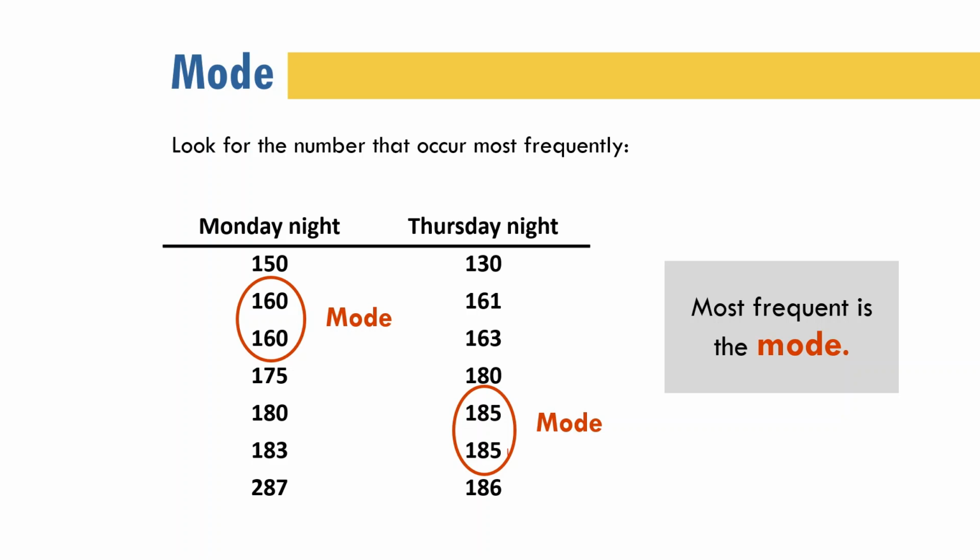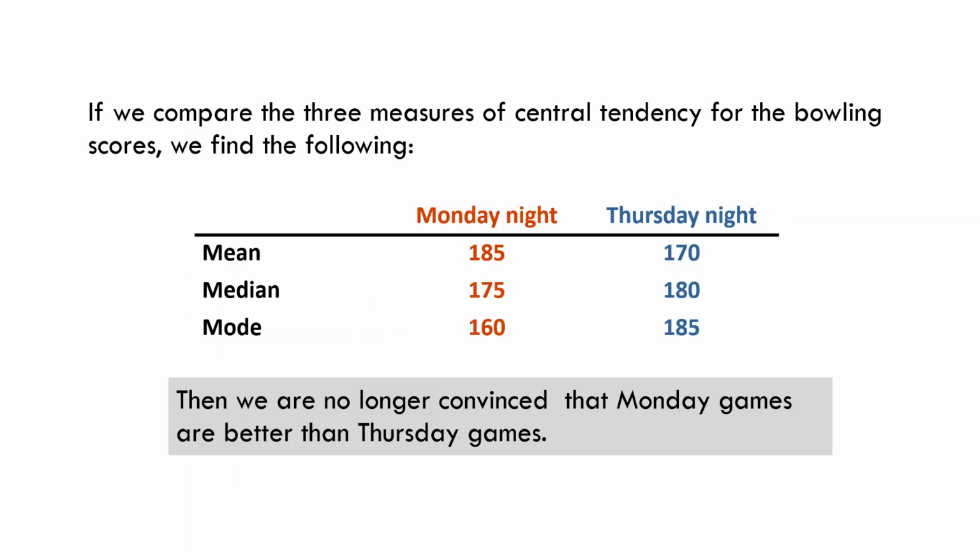Alright, so now after we know about mean, median, and mode, let's compare the three measurements of central tendency of this bowling score. The mean for Monday night is 185, Thursday night is 170. Medians: Monday 185, Thursday 180, so Thursday has a higher median. The modes, also Thursday has a higher mode than Monday night.